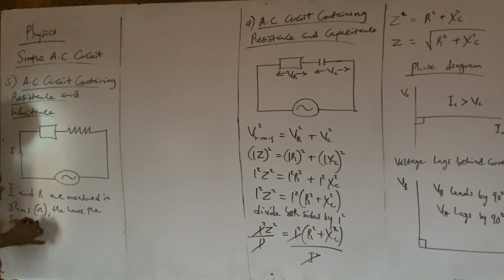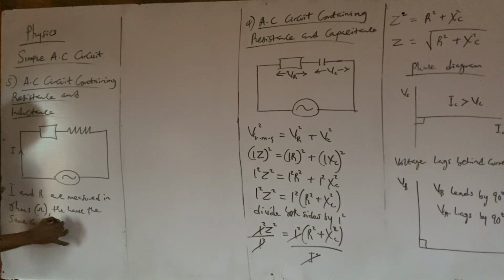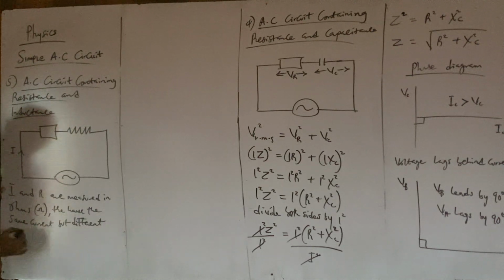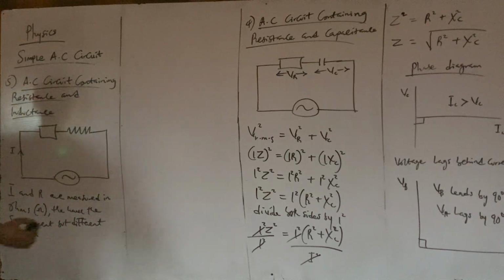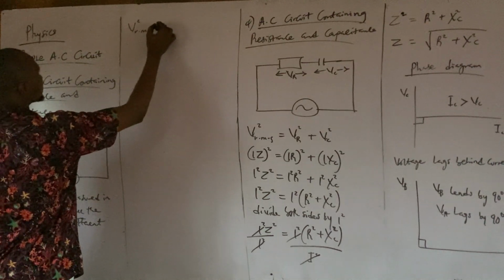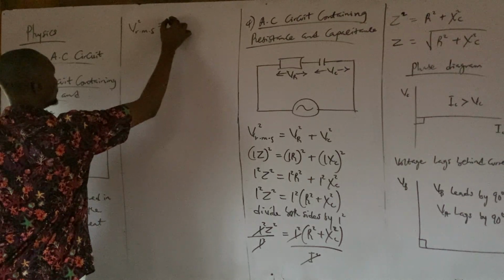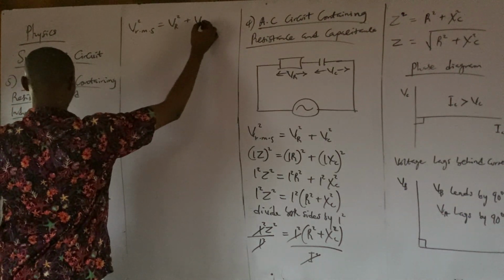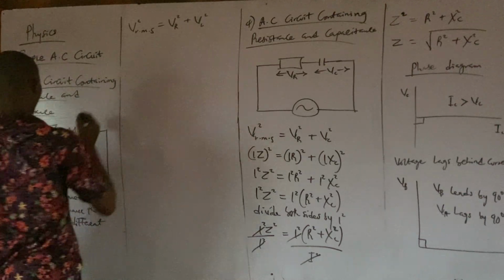They have the same current but different voltage. Now here, V squared R-M-S equals VR squared plus VL squared.